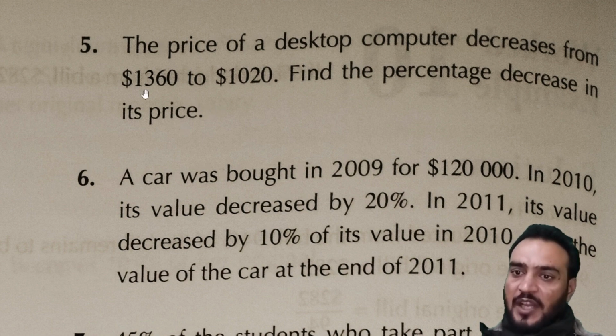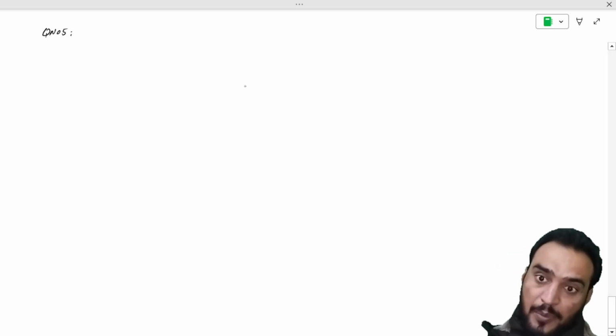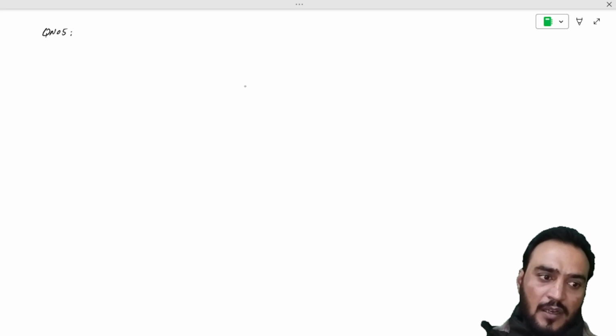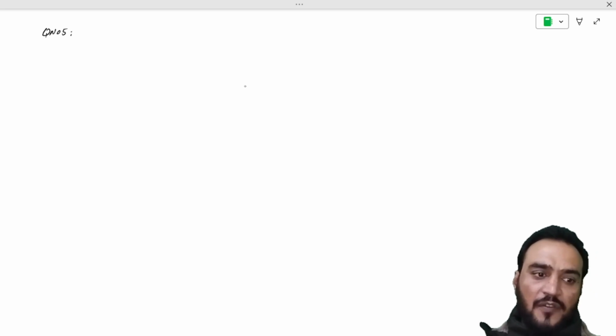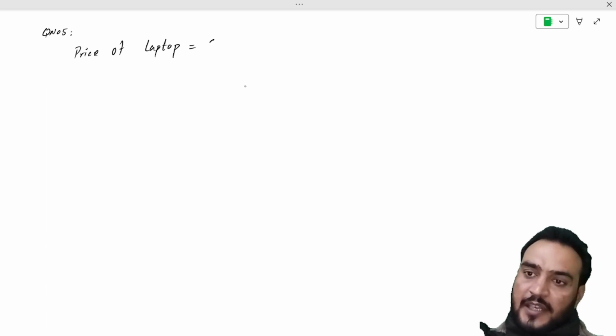The original price of the laptop was $1360, and now the price of laptop is $1020. We have to find the percentage decrease. So the original price of laptop is equal to $1360.